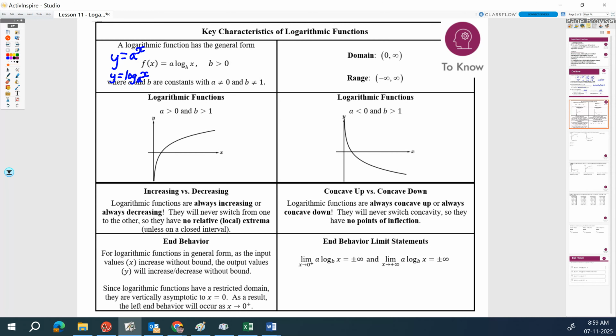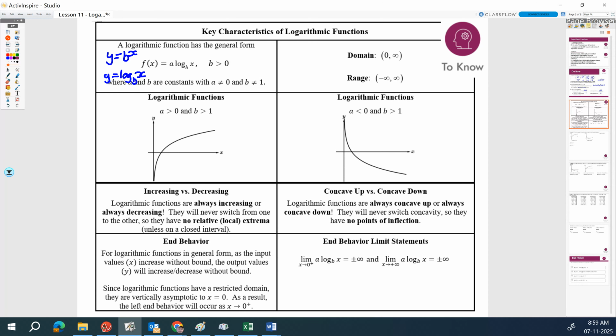So sorry, let me do it to b. So if y equals b to the x, then the logarithm function, the inverse function, is y equals log base b of x. Now if b in the exponential function is 1, you're going to get no change.